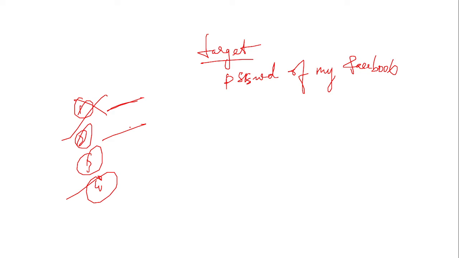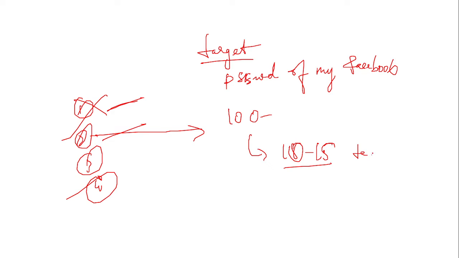In this way, from all the techniques, it will filter out the techniques which meet our requirement. If there are 100 total techniques, it will filter out some 10 to 15 techniques which meet our requirement.